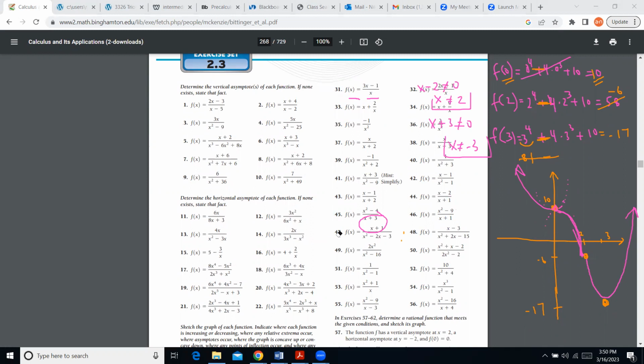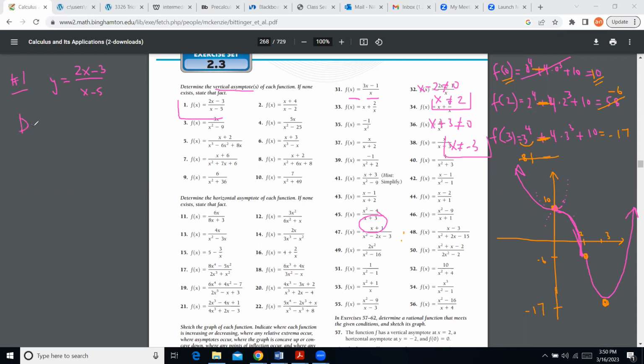It says, try to find the vertical asymptote. So they don't show the graph, just look at the fraction here in exercise 1. I can write it as y, f of x or y, it's the same thing, doesn't matter for us. So it's 2x minus 3 over x minus 5.